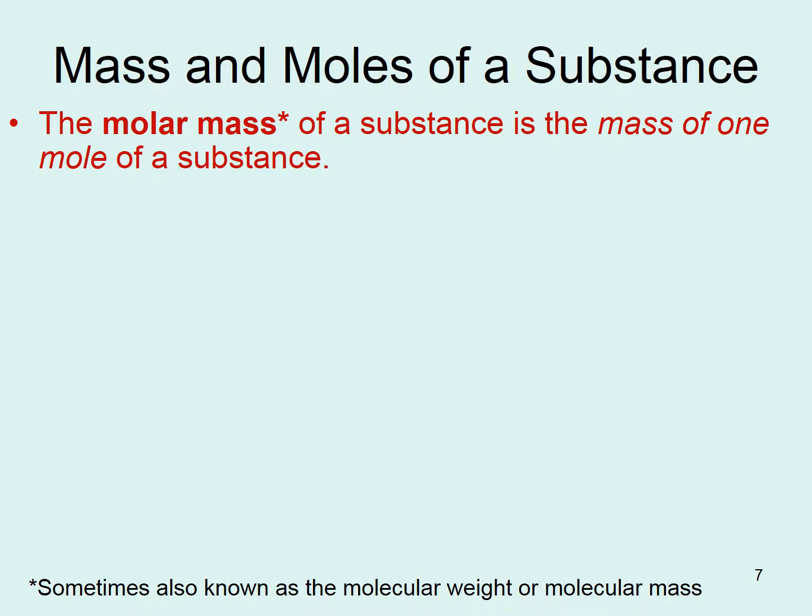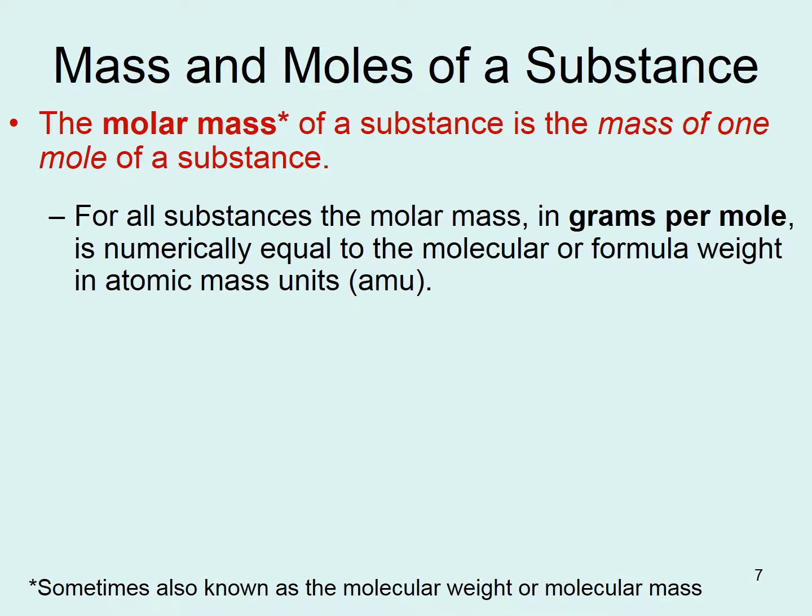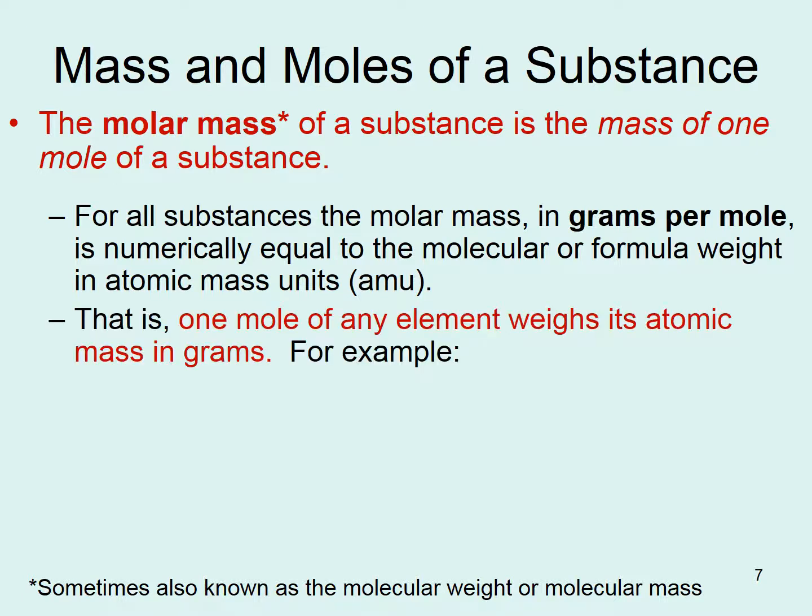For all substances, the molar mass is in grams per mole, so that's the unit. In other words, how many grams are there per mole? It's numerically equal to the molecular or formula weight in atomic mass units. So 1 mole of any element weighs its atomic mass in grams.